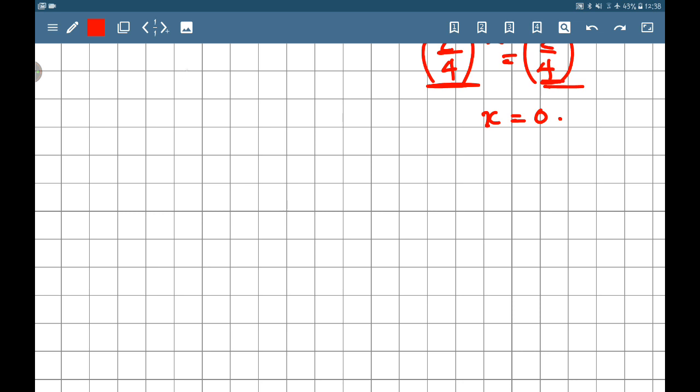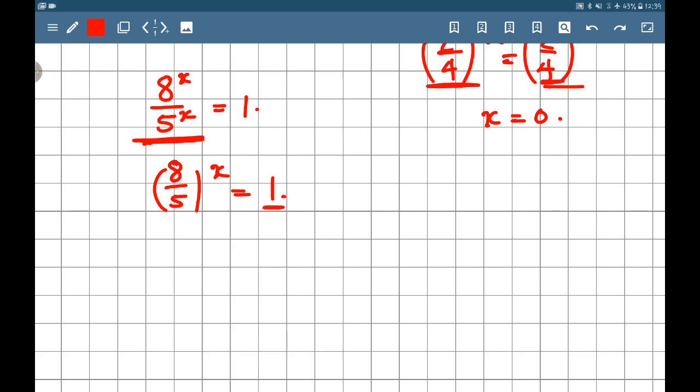Yes. So sometimes they can give you something like this. 8 over 5, all to the power x is equal to 1. So you need to apply that rule first. This is the same as 8 over 5 to the power x is equal to 1.